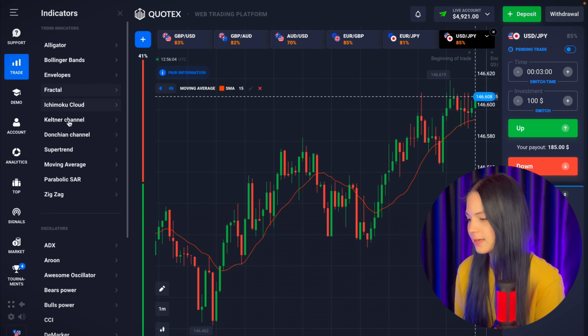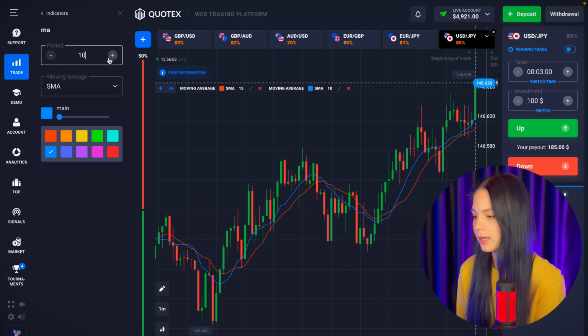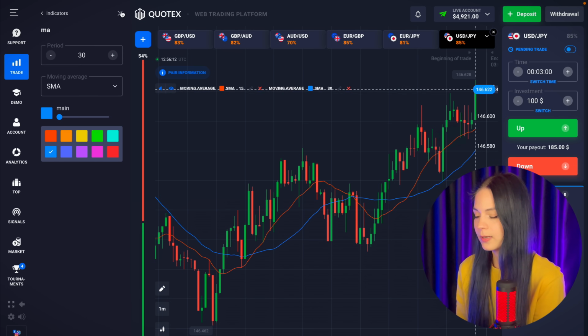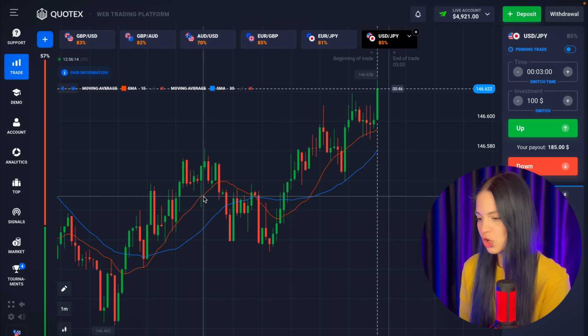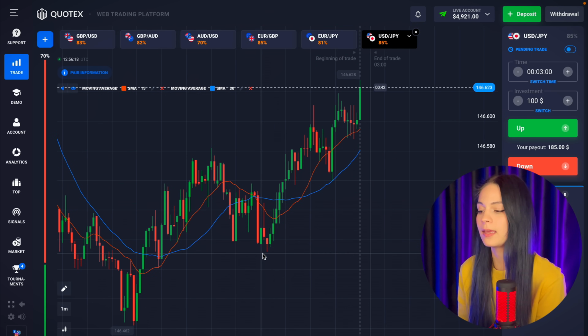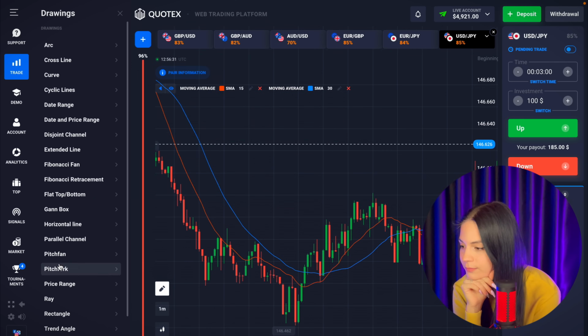And the second moving average is gonna be the blue one, and the time period is gonna be 30. Okay, so we have them on the chart. That's great. And now I'm gonna find a suitable currency pair to enter a deal.